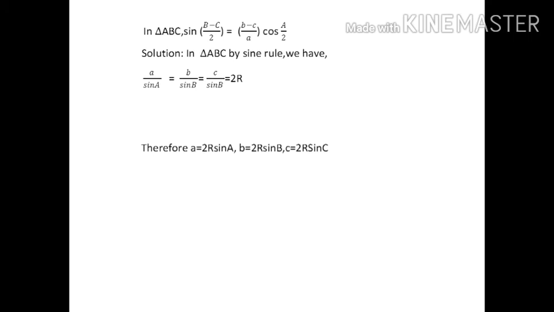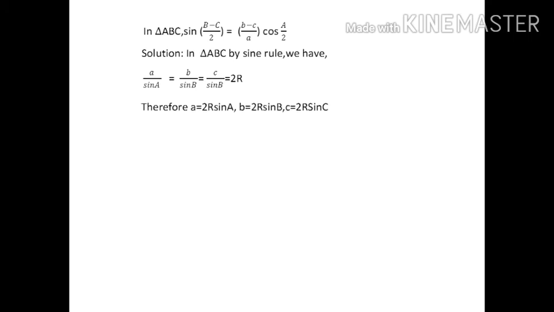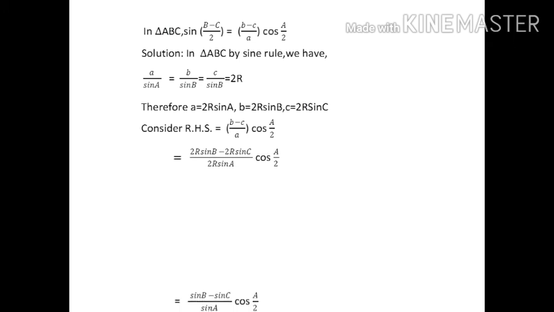Now consider LHS, putting the value of a, b, c: (b minus c)/a into cos(A/2), which is equal to (2R sin B minus 2R sin C)/(2R sin A) into cos(A/2). Taking 2R common, we get (sin B minus sin C)/sin A into cos(A/2).